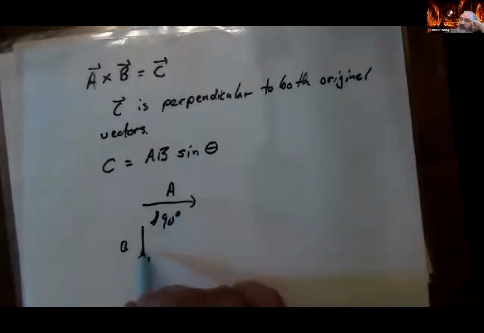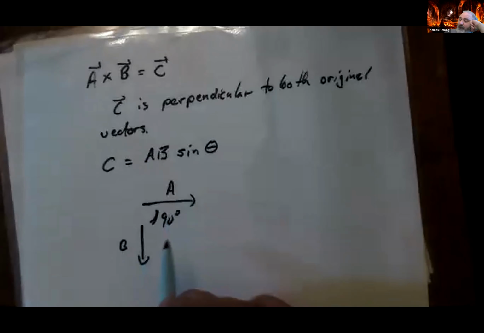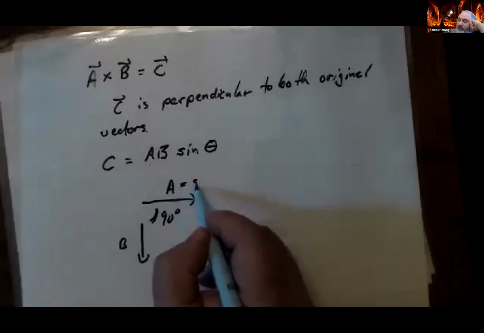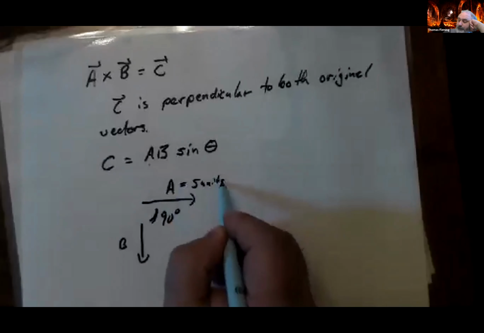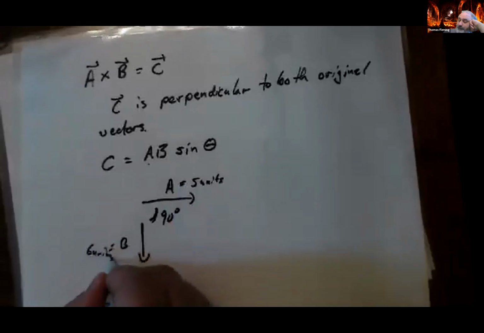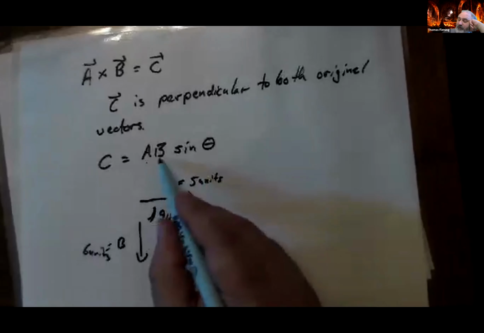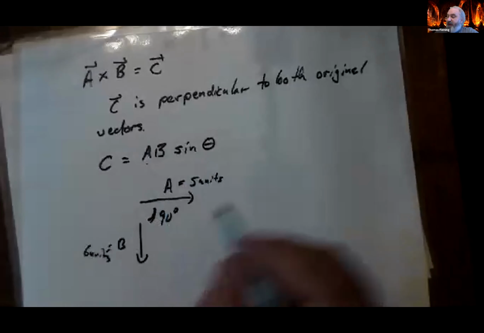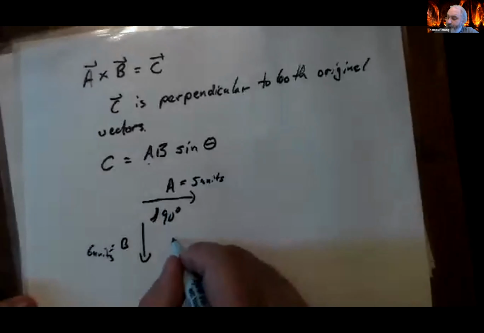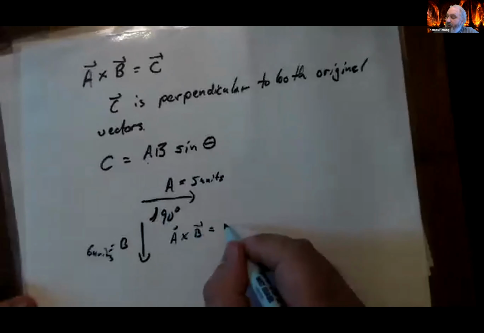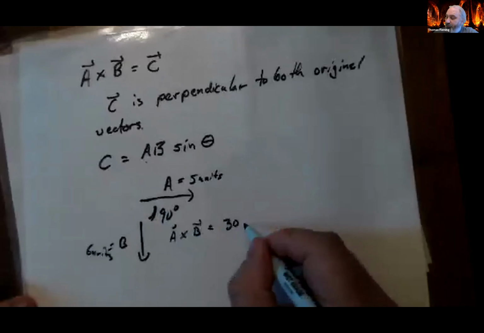So multiplying these two vectors together, I would have something non-zero, whatever A was. Let's say that's 5 units. Let's say that this is 6 units. So 5 times 6 is 30, times the sine of 90, which is 1. So in this case, A cross B would have a magnitude of 30 units.